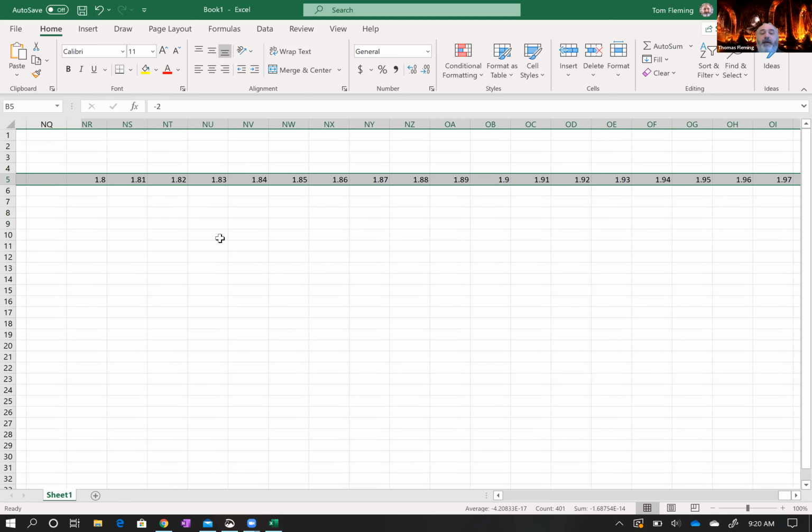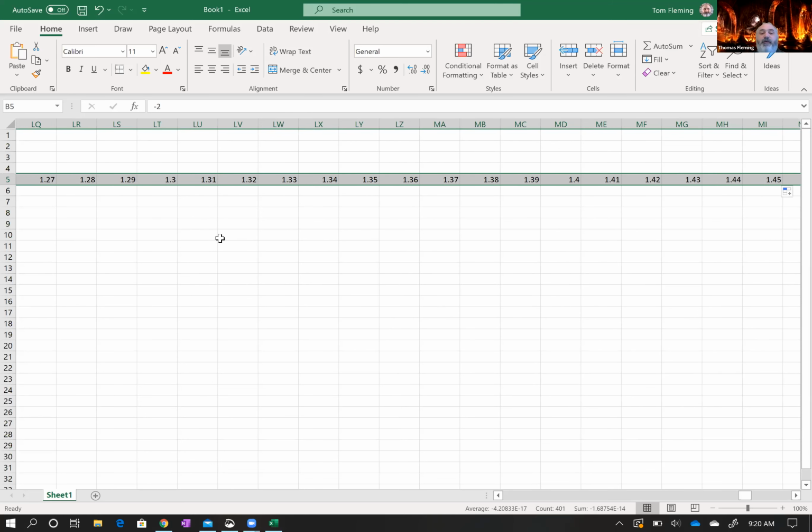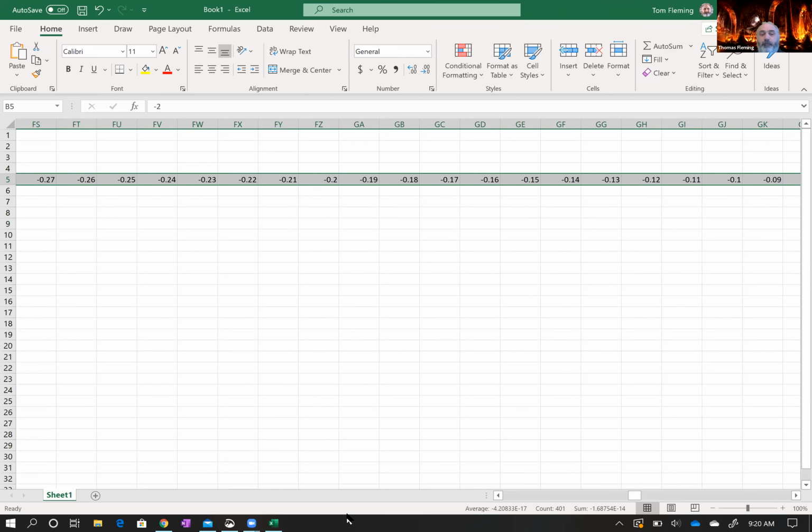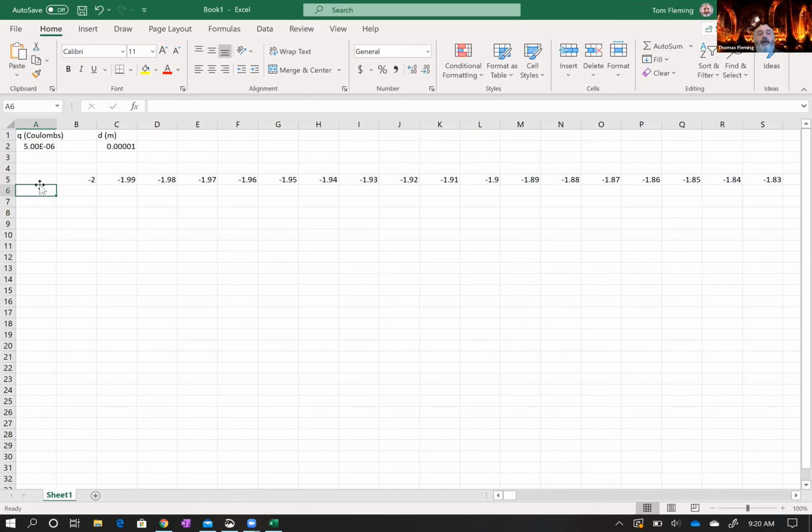So you can see that what I have here is a big swath of stuff. I'll go over here and do the y-axis starting at +2 and dropping down to -2. So here's y equals 2.